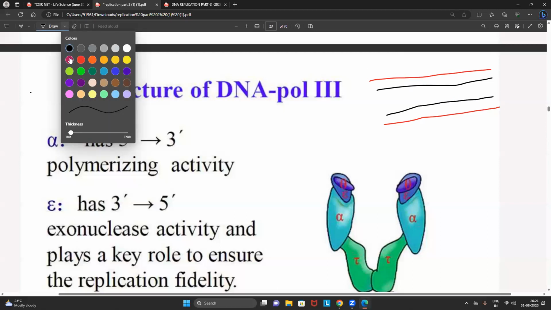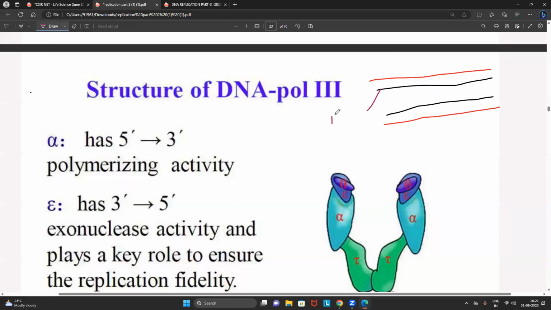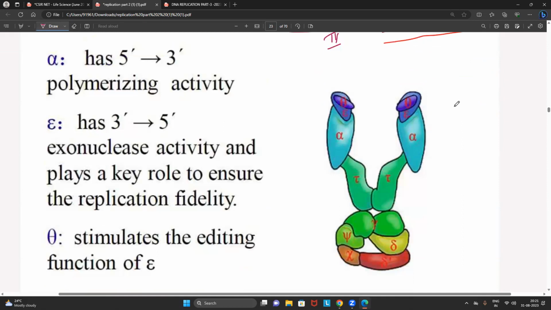Now, what most of the students will think is that in order to synthesize one daughter strand we require one polymerase 3, and to synthesize another daughter strand we require another polymerase 3, which is an absolutely wrong statement. The point is very clear: the two daughter strands can be synthesized by a single DNA polymerase 3. How is that possible? Because DNA polymerase 3 is a dimer.